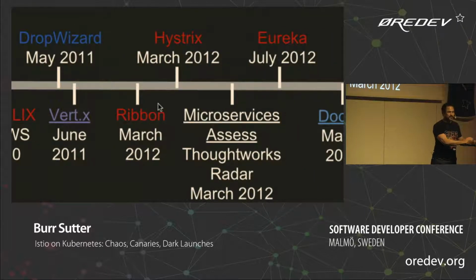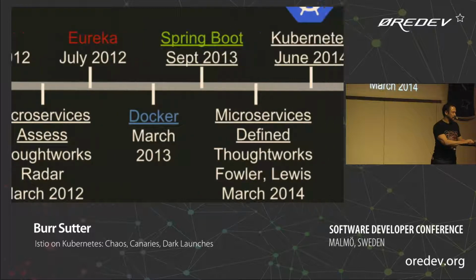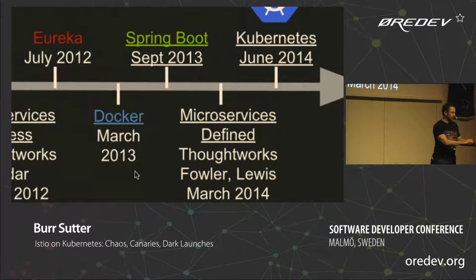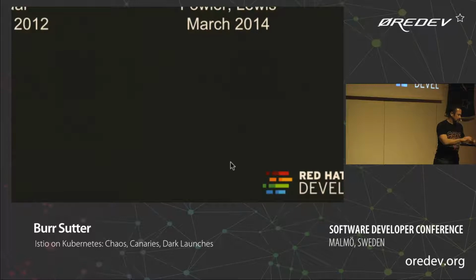Netflix, of course, open sources its distributed middleware that they created to be cloud native, right, back in 2012. Microservices shows up on the radar in 2012. And then really the perfect storm is right here, where Docker was born in 2013, microservices officially defined in 2014, and you can see that Spring Boot and Kubernetes were born in that same time window. That's what created all this hoopla and excitement around microservices.